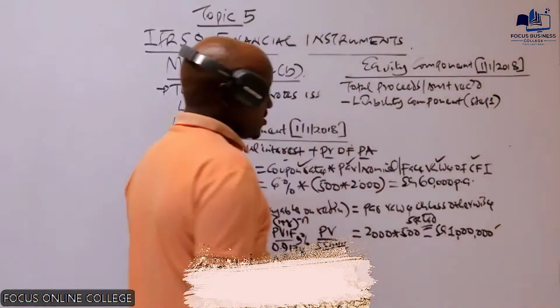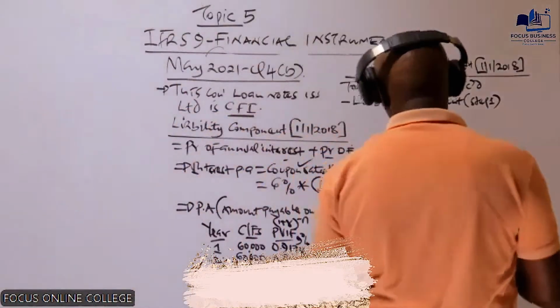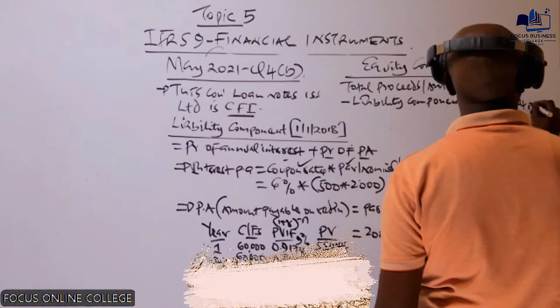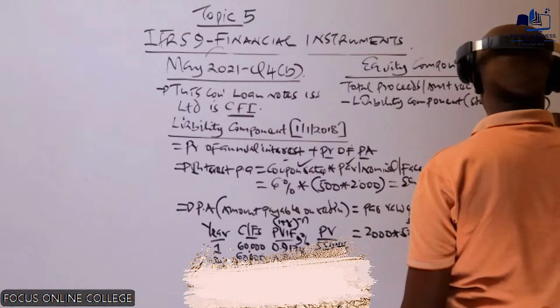The liability component computed in step 1 is what we have here, 924,078.